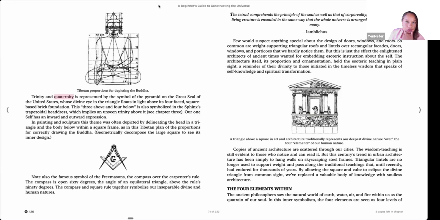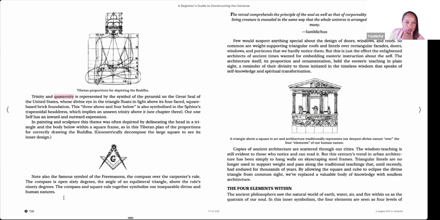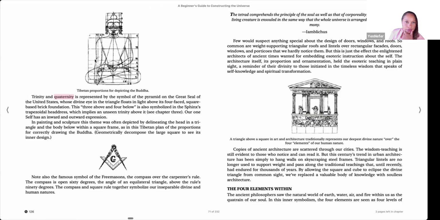Let me make sure. Okay. And this word is just something else. Quaternity. Okay, I need somebody else saying it because that sounds too AI for me.